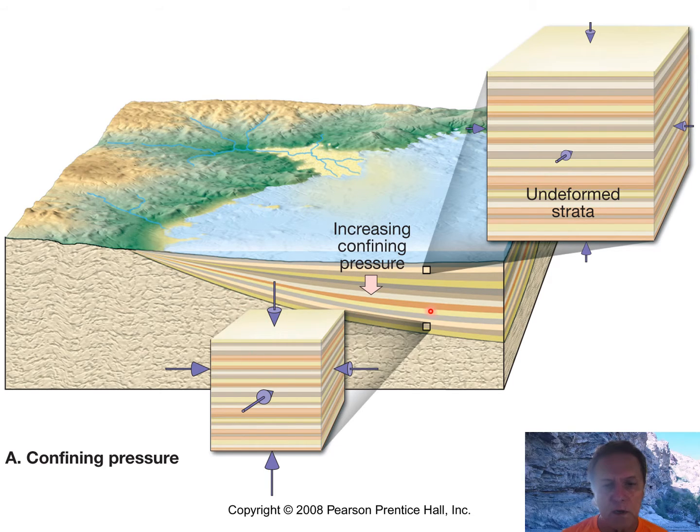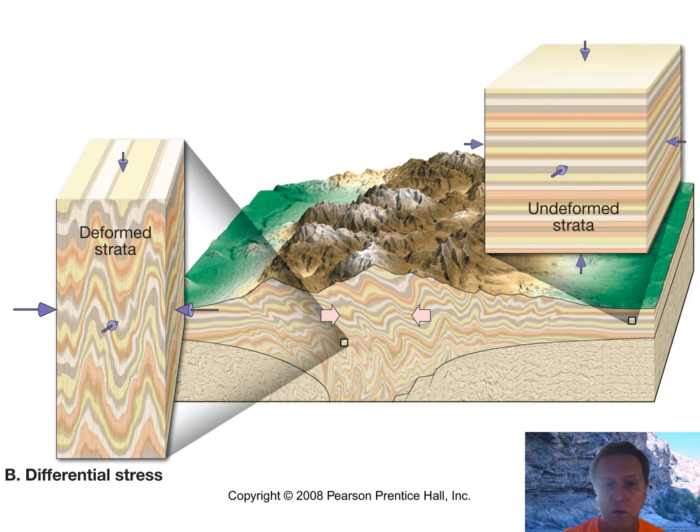So with confining pressure, you have layers of rock that are buried, but even if they're buried fairly deep, if the pressure is the same all around, they tend to be undeformed. Now, what happens if you have more pressure in one direction than another direction? This is a tectonic scenario where you have a continental plate here colliding with another continental plate.